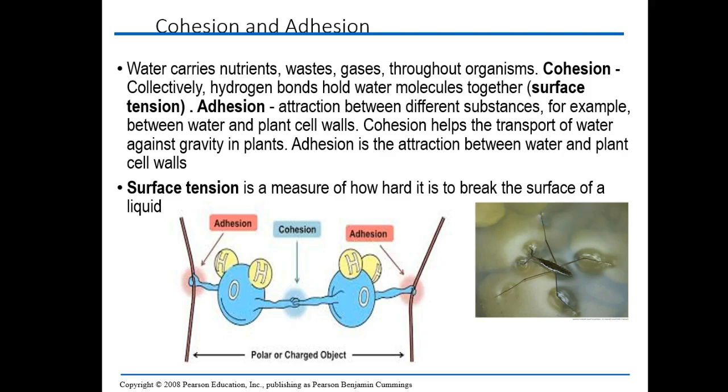What you have is the design of plants such that there's a water pathway, and this pathway is almost like a closed system where water goes up into the plant.